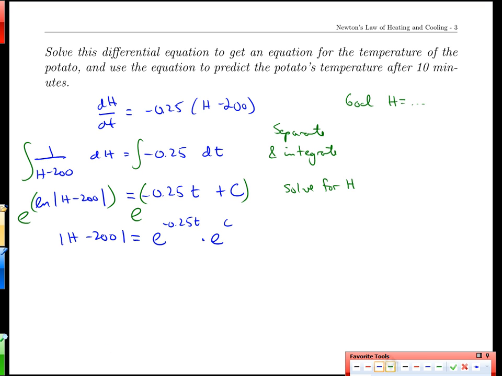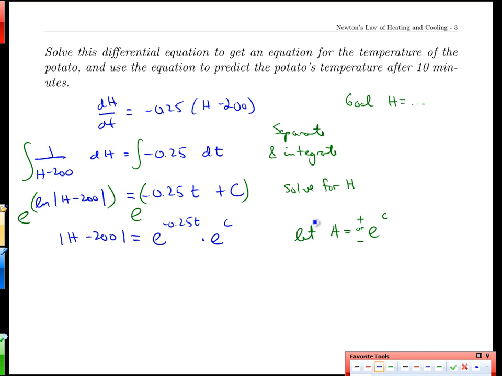And here's where we do one of our tricks. We would like to get rid of this e to the c. We'd also like to get rid of these absolute values. So what we usually would do is define a new variable as e to the c here. And what we're going to do as well is make that positive, make our A value positive or negative, whatever would make these absolute values work out. Let's see how that plays out here.